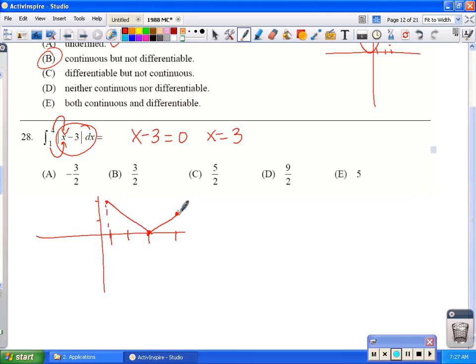So now you're literally simply finding the area of two triangles. So this is 2 by 2. 2 times 2 is 4. Half of 2 is 2. Here you have 1 by 1, so you get a half. So you get 4 halves, which is 2, plus 1 half, which gives you a total of 5 halves. So number 28 is C.